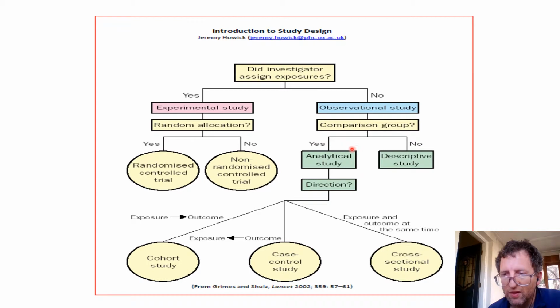You know, PPI versus no PPI for gastric carcinoma, Alzheimer's versus no Alzheimer's for a prognosis question, a treatment versus no treatment for a therapy question, and a diagnostic test versus a gold standard test for diagnostic testing. And if the answer there is no, then it's a descriptive study.